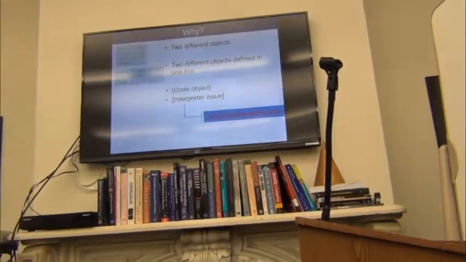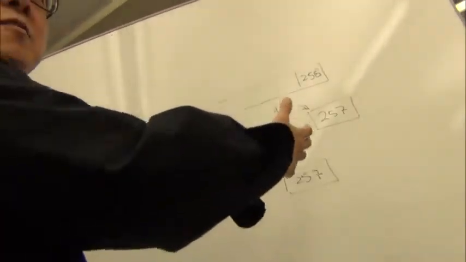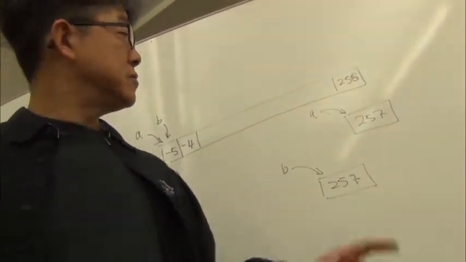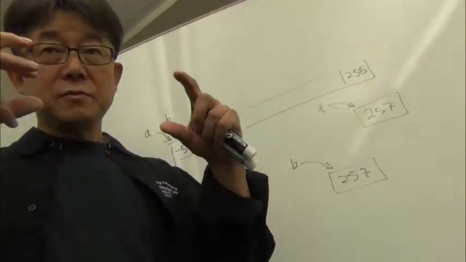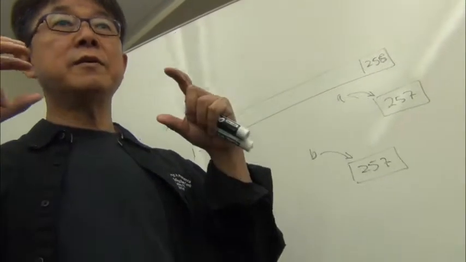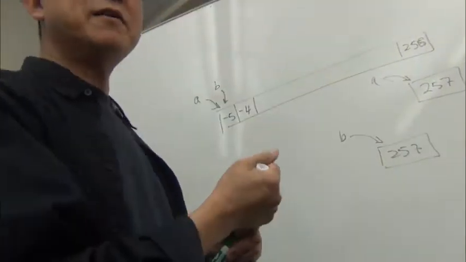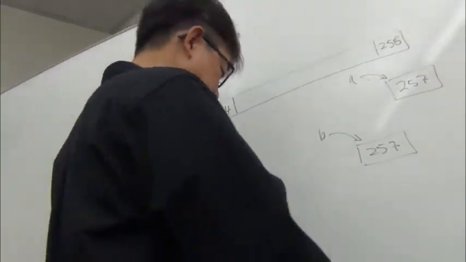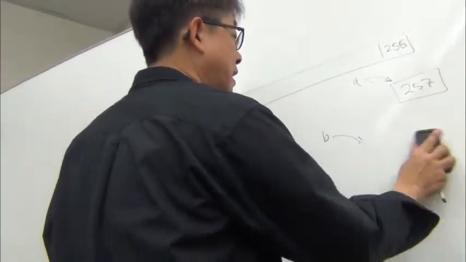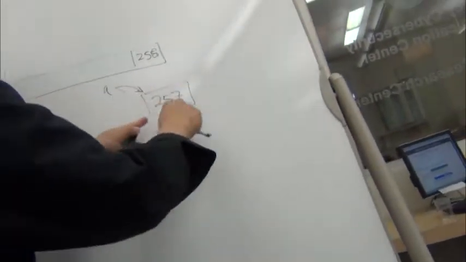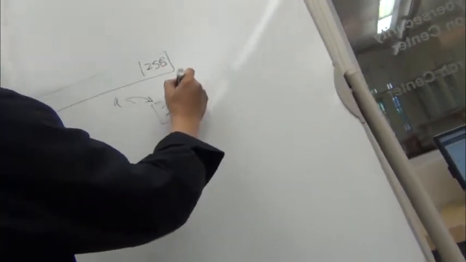So the way that I explained right now works, right? But if you issue these two together in one statement, what happens? In Python implementation, if it is one line, it creates one object, and then A and B share it.